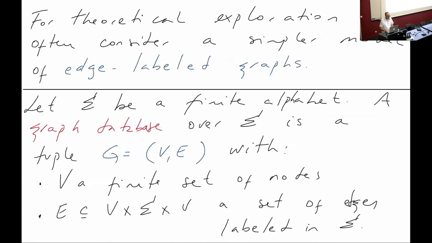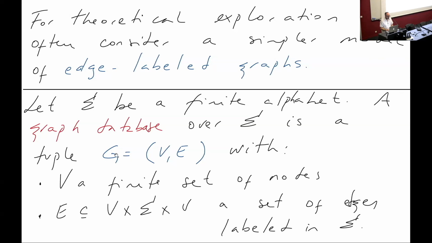For theoretical exploration, we often consider a much simpler model of edge-label graphs. And you will immediately see the connection with automata here. An edge-label graph is nothing else than an automata seen in a different way, only that now we see it as a graph. So what will be a graph database for us in this talk?